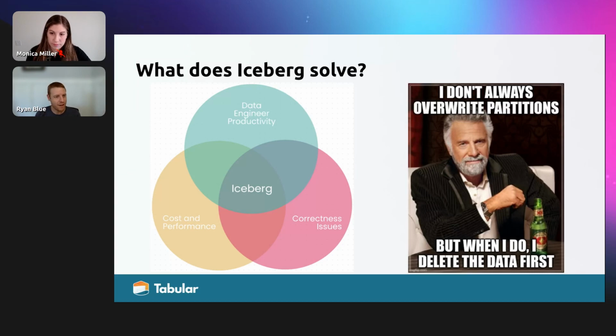It didn't give engineers metadata operations for common things like renaming or dropping columns. It let you do it, but then you had data quality problems afterward, which is another productivity drain. And then there were the correctness issues. So we realized all three of these things were caused by a very simplistic table format.